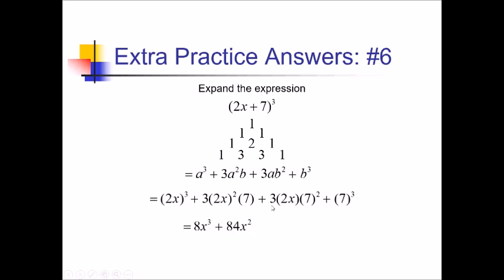Next, we've got, let's see here, this is 49 times 6. Well, let me think. I could probably use a calculator, but 6 times 50 would be 300, and this is going to be 6 less than that. So this will be 294 times x. And then finally, 7 to the third, I just happen to remember, is 343, but you could use a calculator. So there we are.